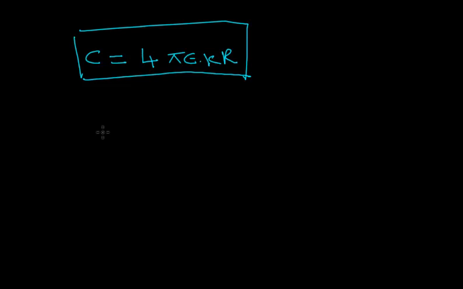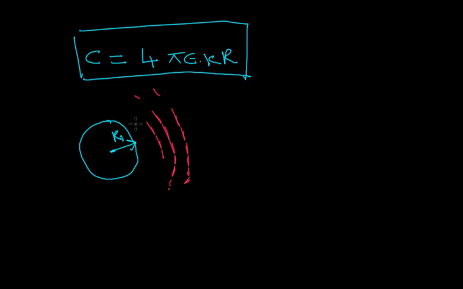So you have a sphere of radius r1, then a dielectric of constant k up to radius r2, and beyond that k is equal to 1.